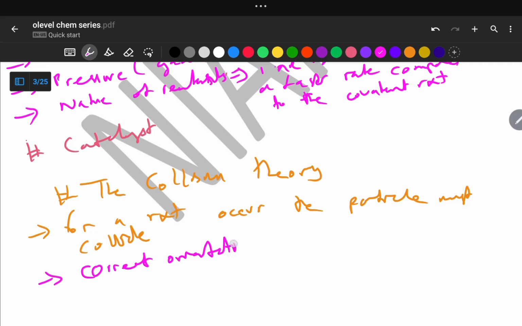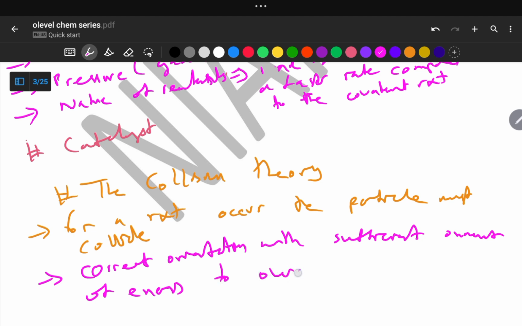So we defined activation energy as the minimum amount of energy required to start a chemical reaction.